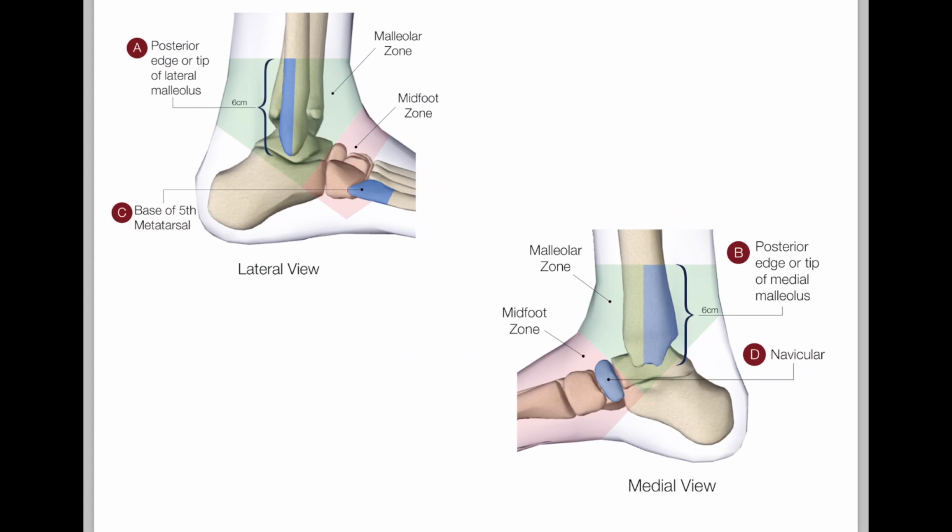So what are the things that you clinically assess in a patient that make you think whether he warrants an X-ray or not? The first thing is you look at the lateral malleolus and the medial malleolus. If there is a patient who complains of pain, particularly on the posterior edge or tip of the lateral malleolus, or complains of pain at the posterior edge or tip of the medial malleolus, or if he's unable to bear weight and walk at least for 4 steps.